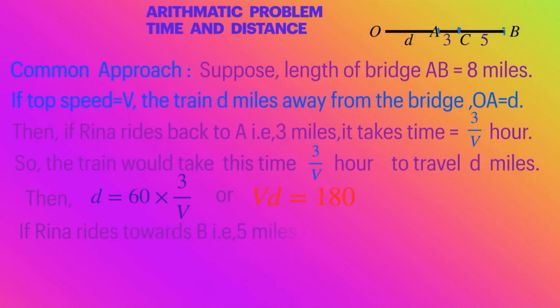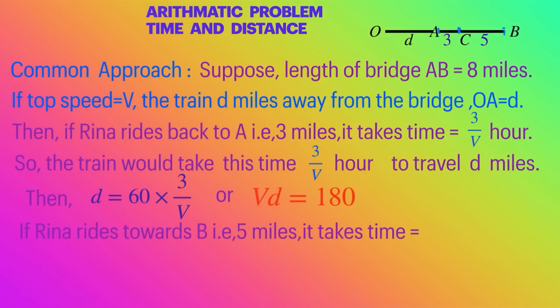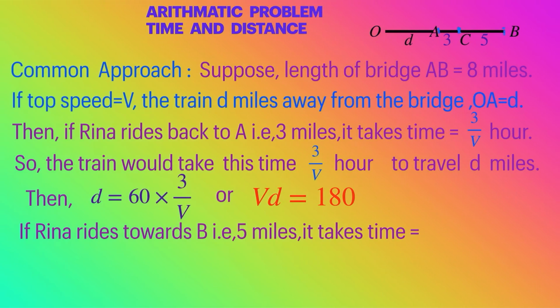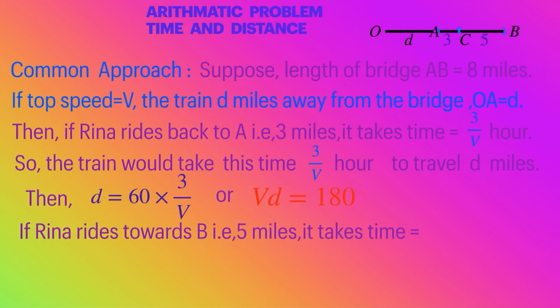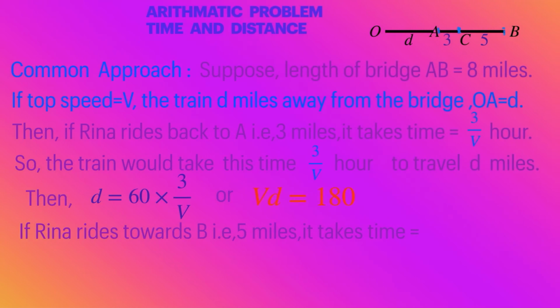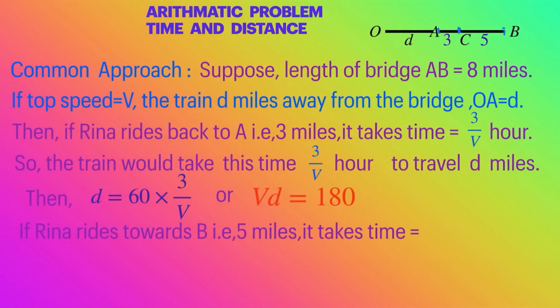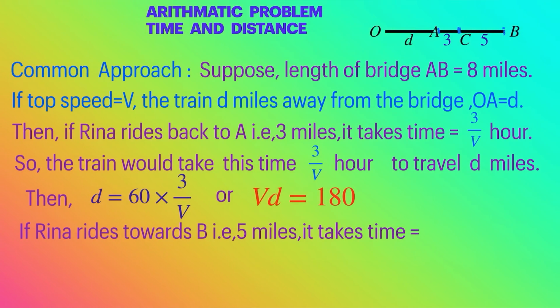Now if Rina rides towards B, that is 5 miles, because C to B equals 5 miles. So if Rina rides this 5 miles, then what will be the time Rina would take? The time t equals the distance divided by its velocity, Rina's velocity.